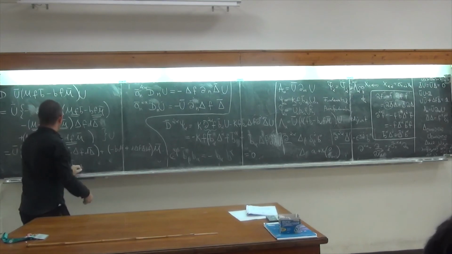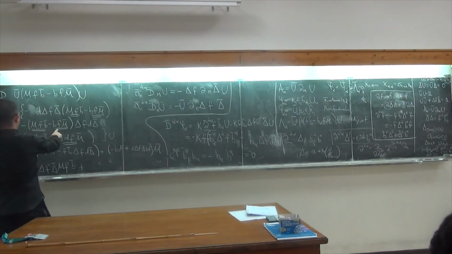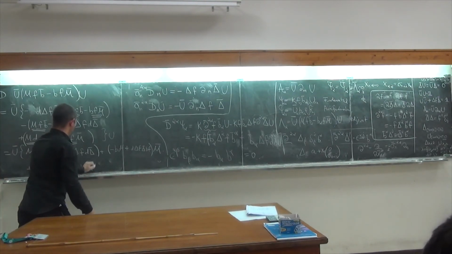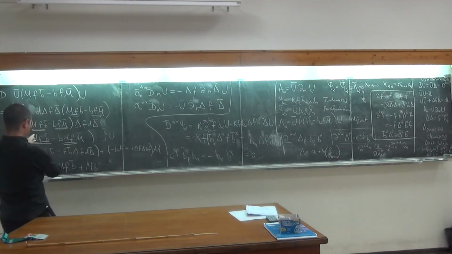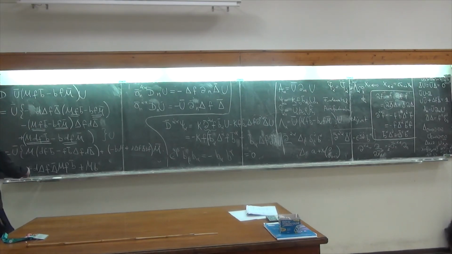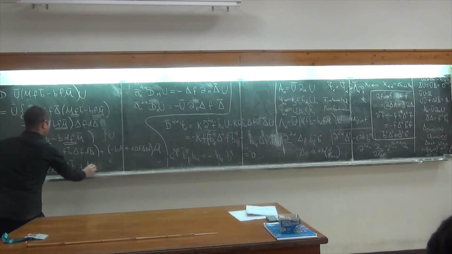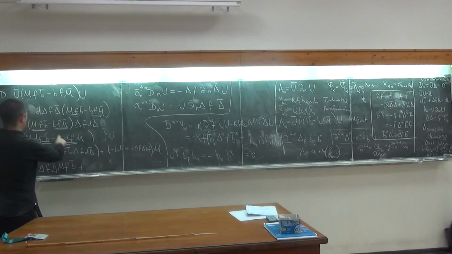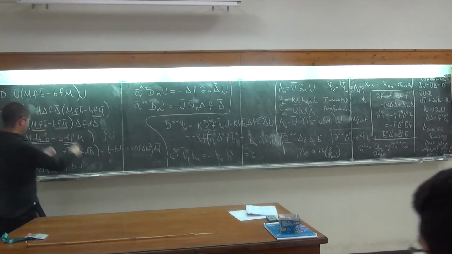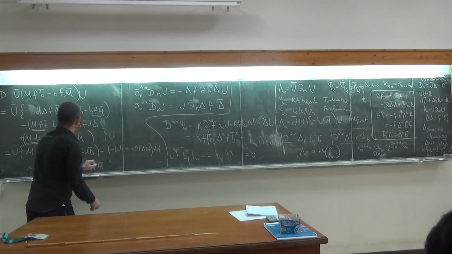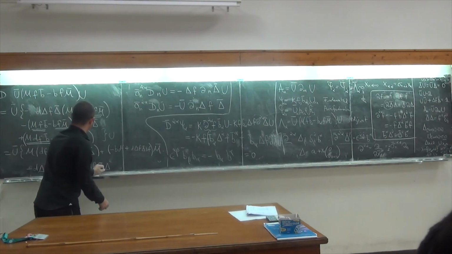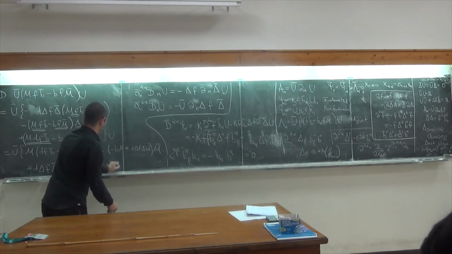Plus M P. Sorry, which was the term I'm missing? The term that we're missing was here. Was plus B F M bar delta F B.